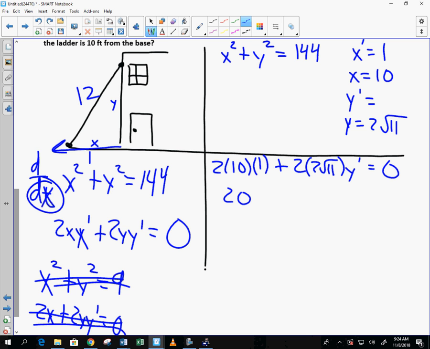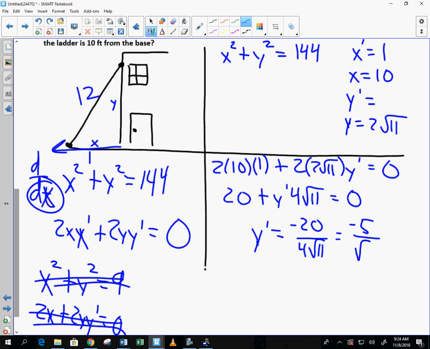So 20 plus y prime 4 roots of 11 is equal to 0. So y prime is equal to negative 20 over 4 roots of 11. Equals negative 5 over the root of 11. Or negative 5 roots of 11 over 11.